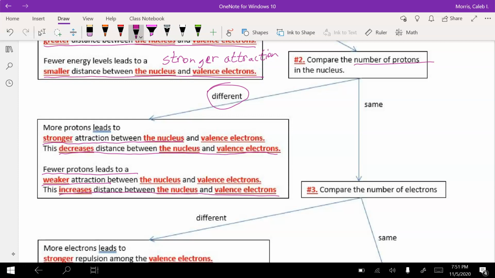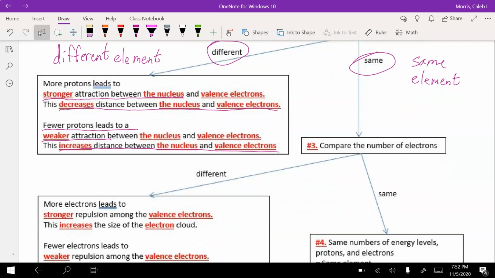This is if it's a different element. It's still in the same period, but it's a different element. That's why it has a different number of protons. But if it has the same number of protons, that means it's the same element. So the only thing that might be different is its charge, or the number of electrons.